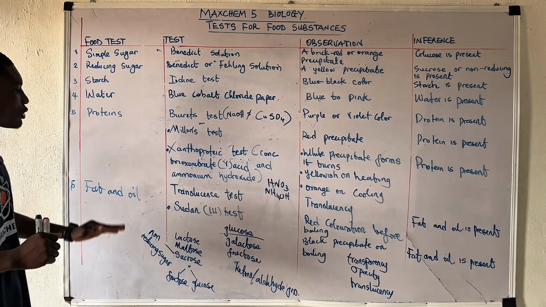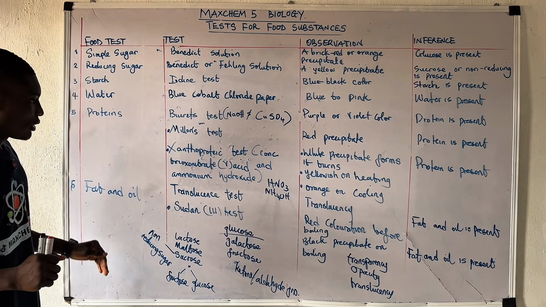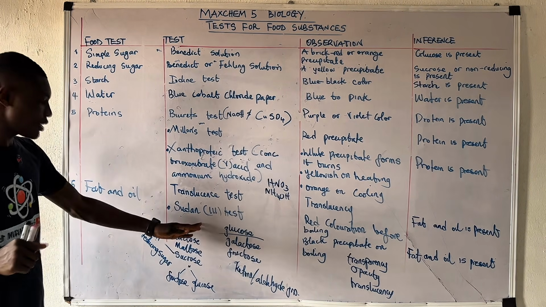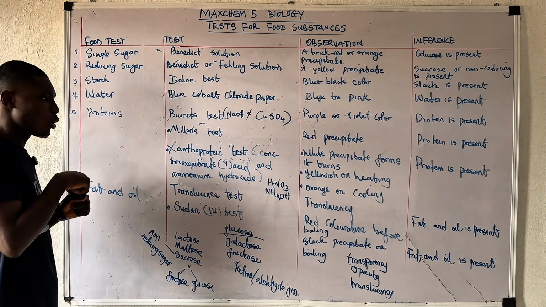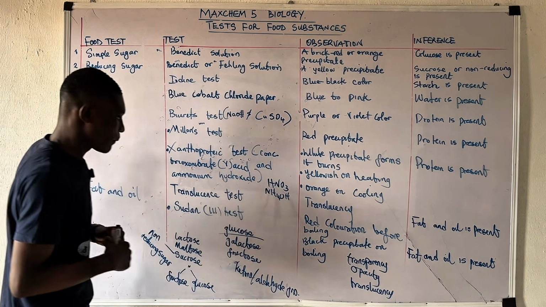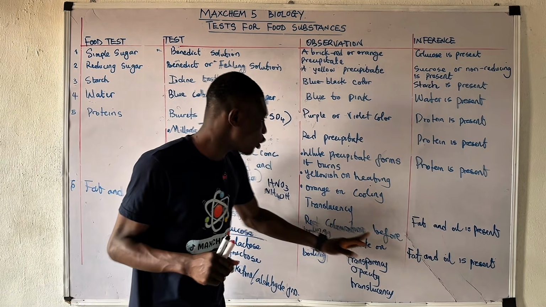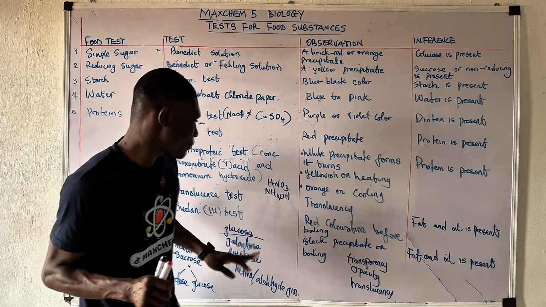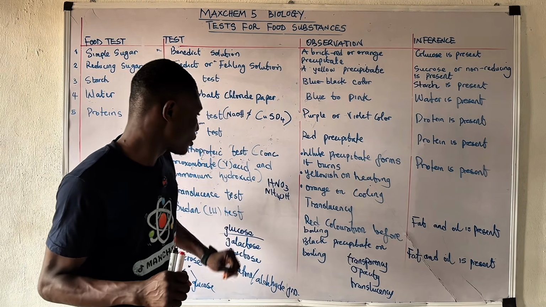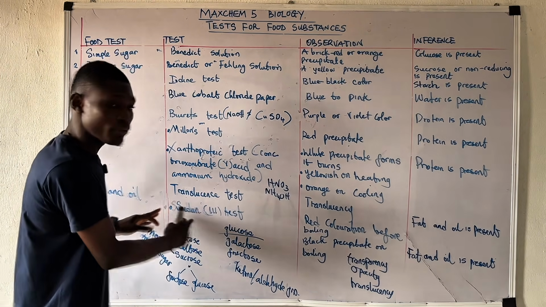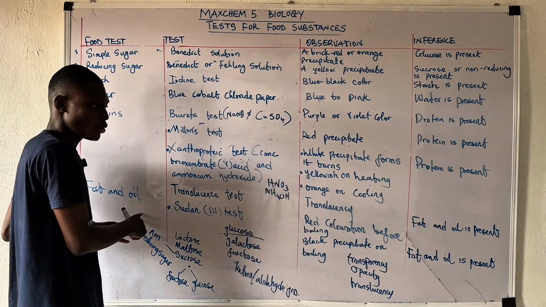The next test is the Sudan III test. In the Sudan III test, you add this reagent to a quantity of fat and oil in a test tube, for example. Before boiling, you observe a red coloration.